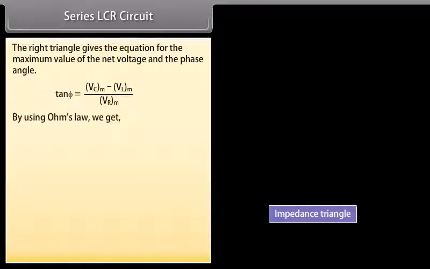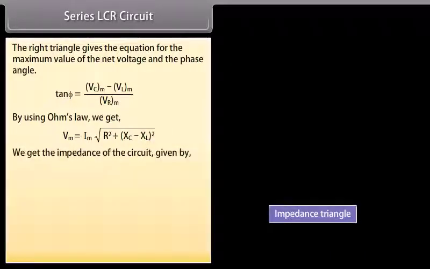By using Ohm's law, we get Vm is equal to Im multiplied by under root of R square plus (XC minus XL) square. We get the impedance of the circuit given by Z is equal to under root of R square plus (XC minus XL) square.